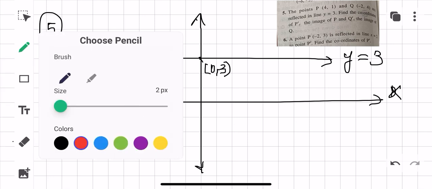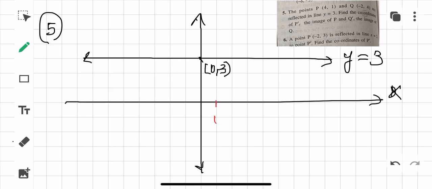Clearly, if I go for plotting this, here is 1 2 3 4 5. Suppose I am taking only up to 5, and here I am taking minus 1 minus 2 minus 3. Here I am taking 1 2 3 and 4, and here I will again be taking minus 1 minus 2 minus 3 minus 4.